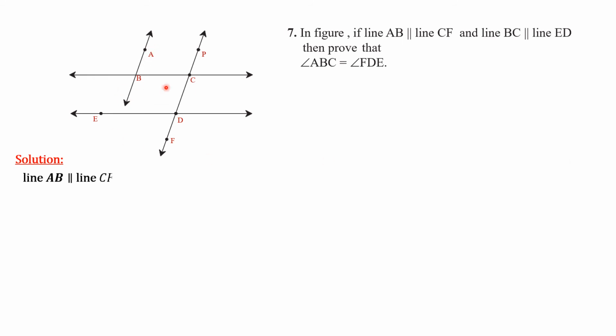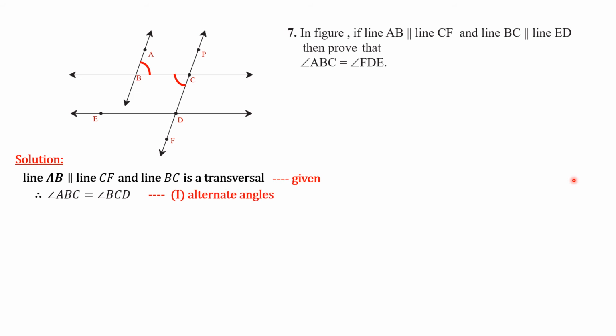Line AB parallel line CF and BC is a transversal. Write down the reason that is given. Now observe the figure. Therefore, angle ABC is equal to angle BCD. This is statement number 1. Alternate angles. Now, we take BC parallel ED and CF is a transversal.